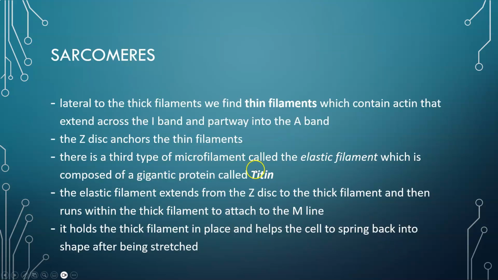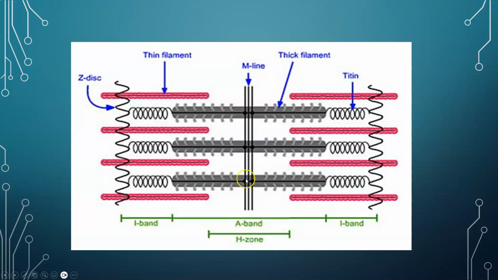So when we're stretching a muscle, the Z discs get farther apart. Therefore, this curlicue configuration of the titin molecule will start to get straighter and straighter until a point where it can't straighten any longer.